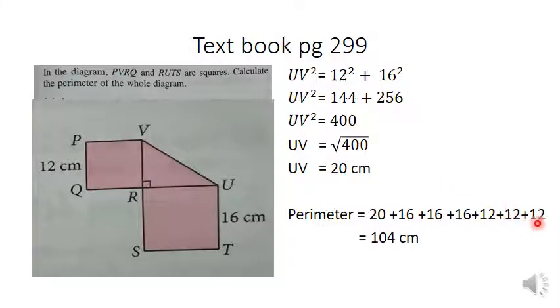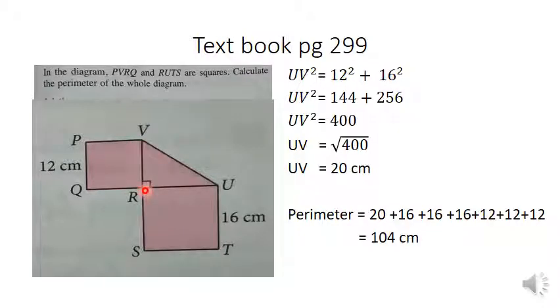So altogether 104 centimeter. But remember, you cannot add this side. This side 12 and this side 16, you cannot add when you want to find perimeter, because this side is inside the diagram. If inside the diagram, not perimeter. You cannot use this side to find perimeter.